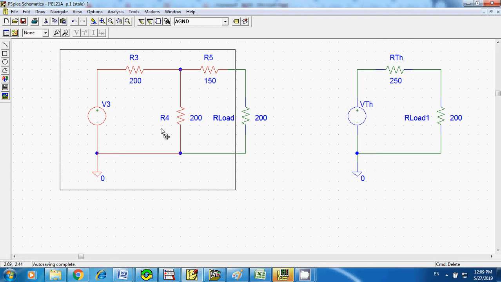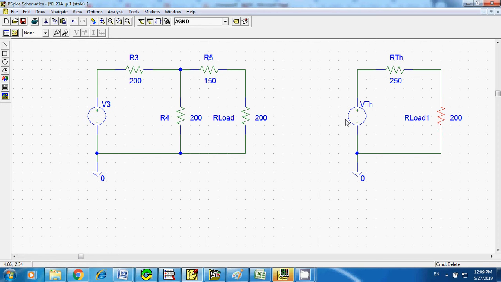And what we're looking for is the simplest one. When you have a load here, you are looking for the most simple circuit. You want to have only one supply voltage and only one resistor.